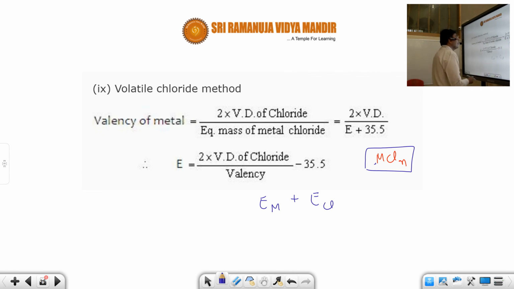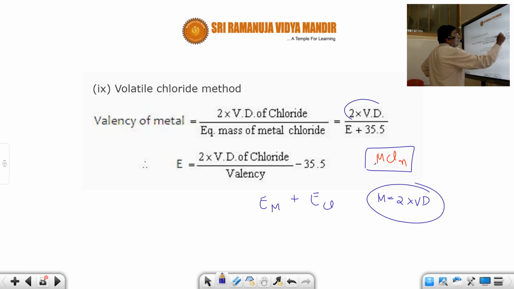Here the molecular weight is considered as 2 into vapor density. So MCl is what? E plus 35.5. So that is how you will find this out. I'll explain the derivation to you in the next session. So I hope you are very clear.